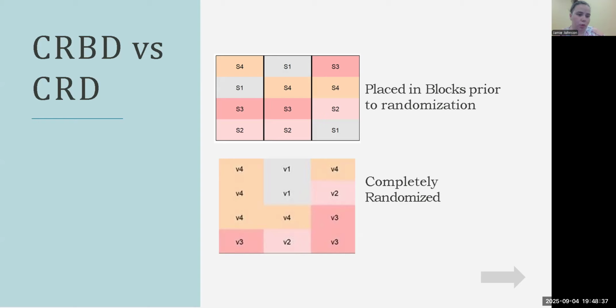Completely randomized design is most useful for very small greenhouse experiments or very highly controlled environments, like cellular or DNA experiments, something on a really small, micromanageable level.